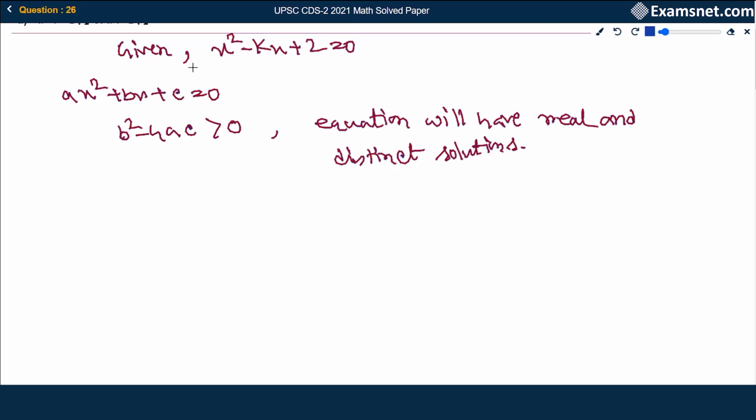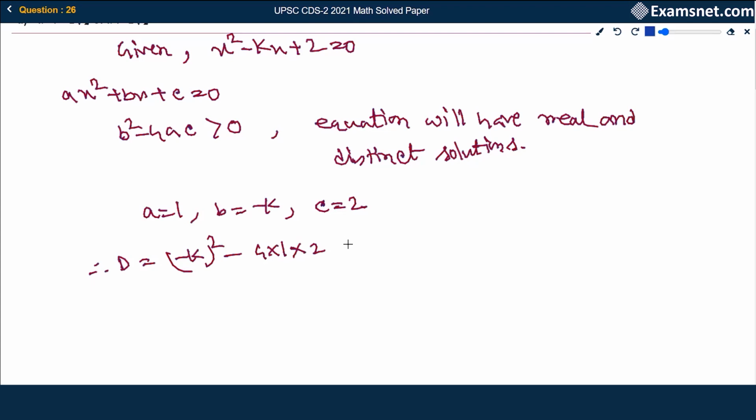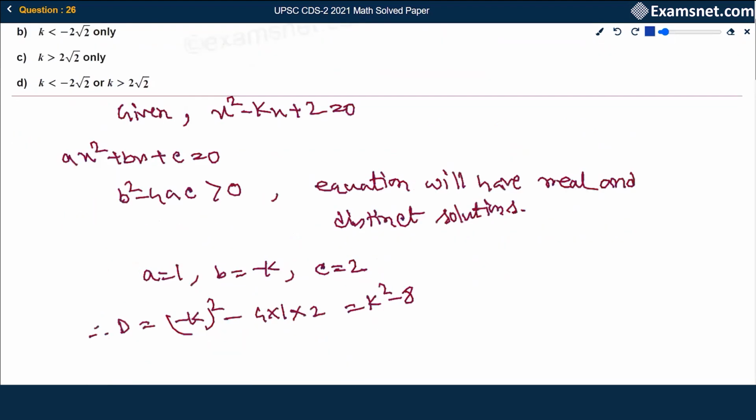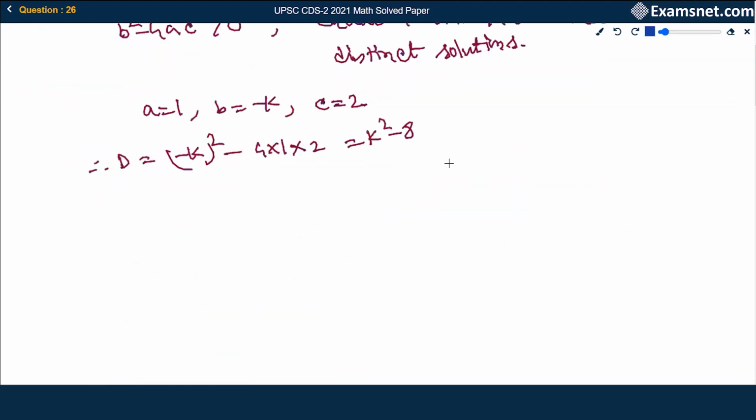So here, after comparing with the general form, we can say a is 1, b is minus k and c is 2. So the discriminant will be minus k whole square minus 4 multiplied by 1 multiplied by 2, that is k square minus 8. Now for which value of k will this have real and distinct solution? That means k square minus 8 has to be greater than 0.